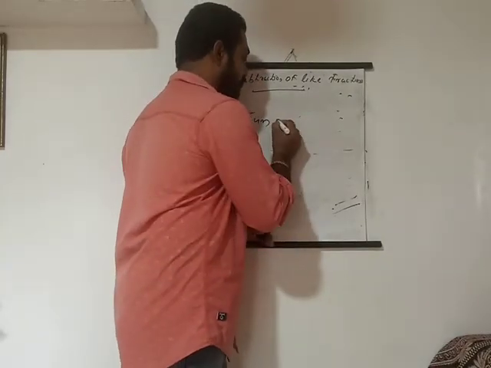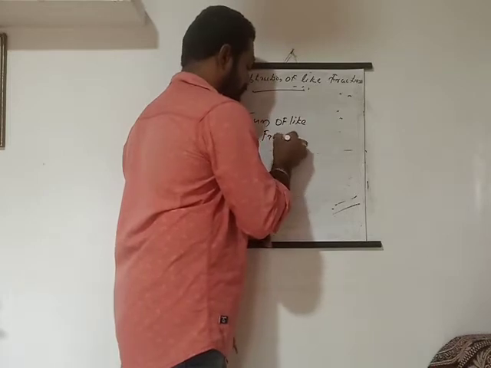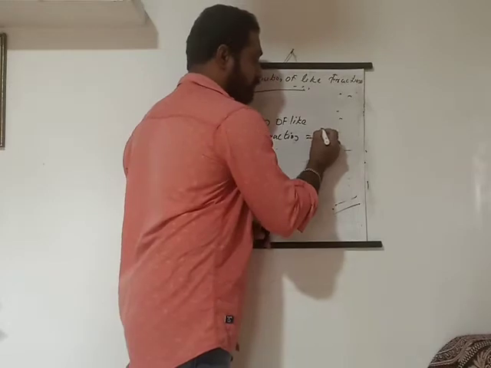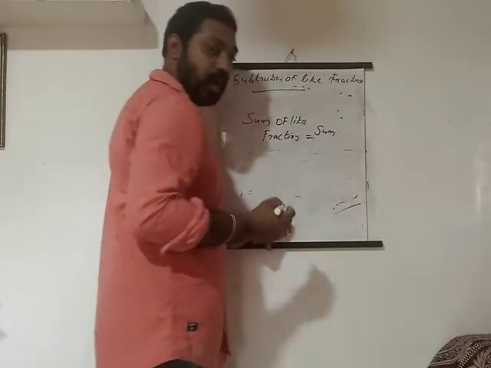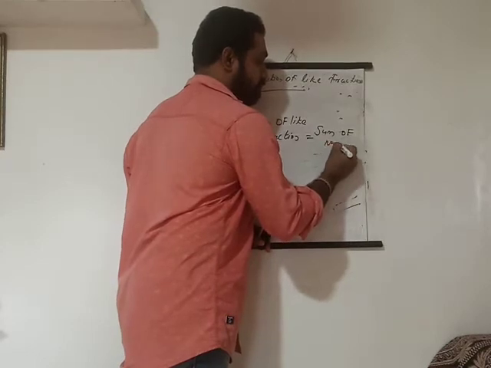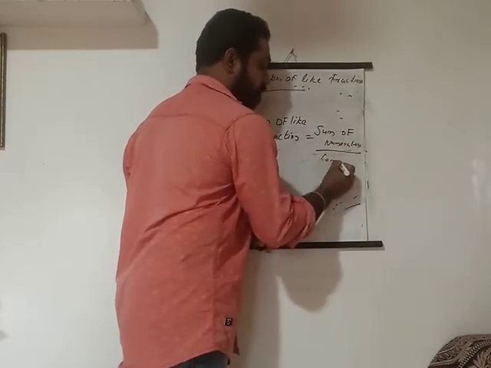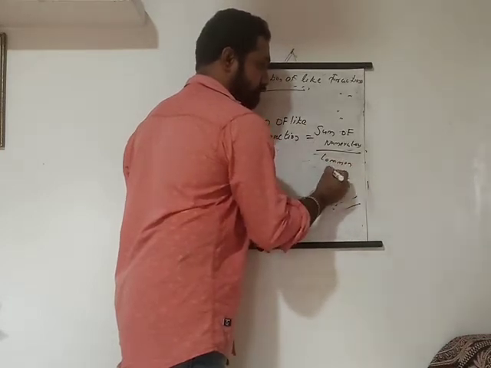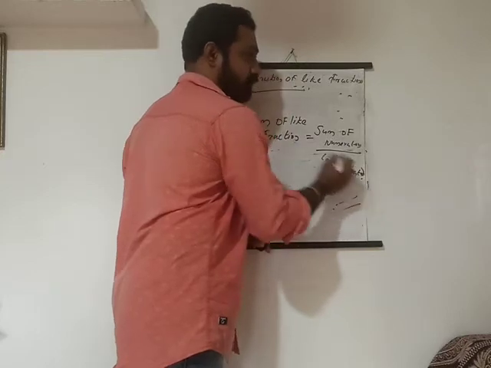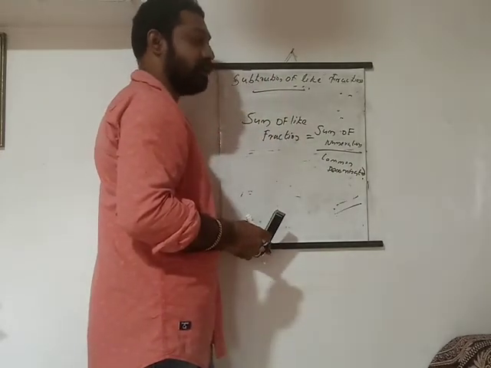How can we write the sum of like fractions? To find the sum of like fractions, we have to add the numerators. Sum of numerators by common denominator.